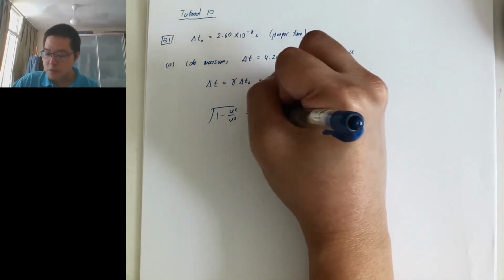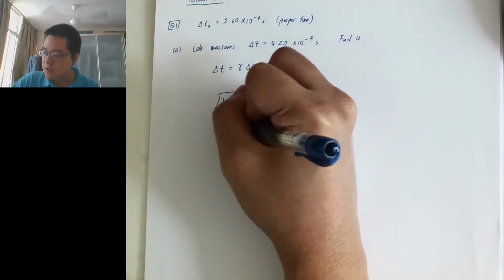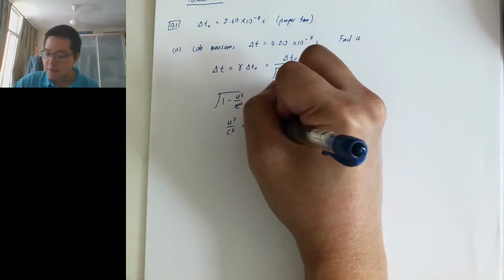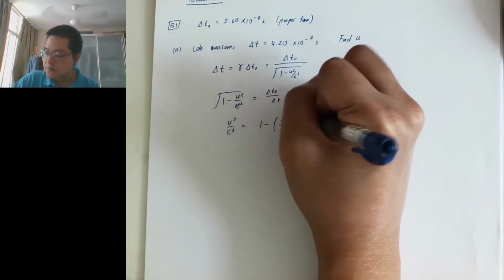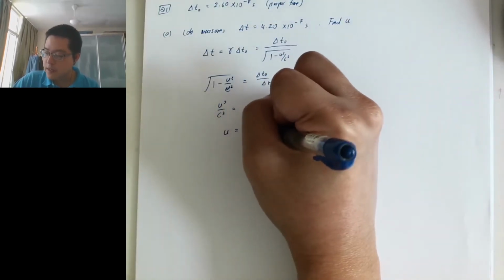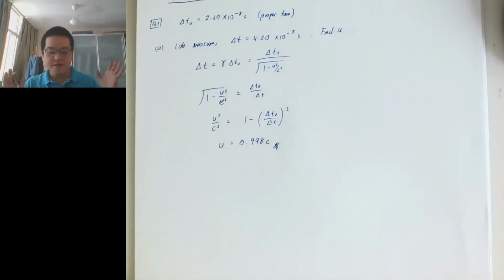So square both sides and rearrange, so I get u squared over c squared equals 1 minus t0 squared over delta t squared. You put in the numbers, and you will find that u is 0.998c. Just like that, very straightforward.